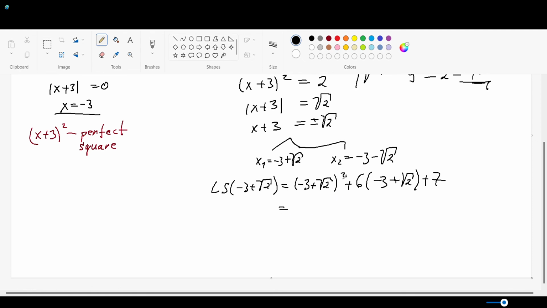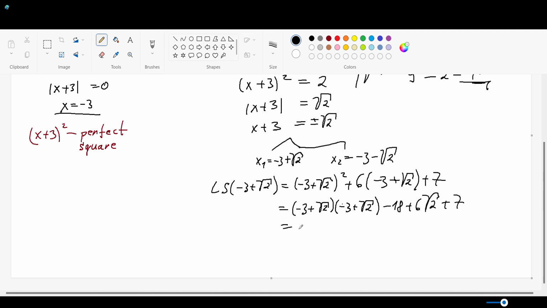We can write the squared term as minus 3 plus square root of 2 times minus 3 plus square root of 2, because we are not able to calculate this properly otherwise. This is a good thing to do. Plus 6 times negative 3 is negative 18, plus 6 times square root of 2, plus 7. So we do the multiplication here.